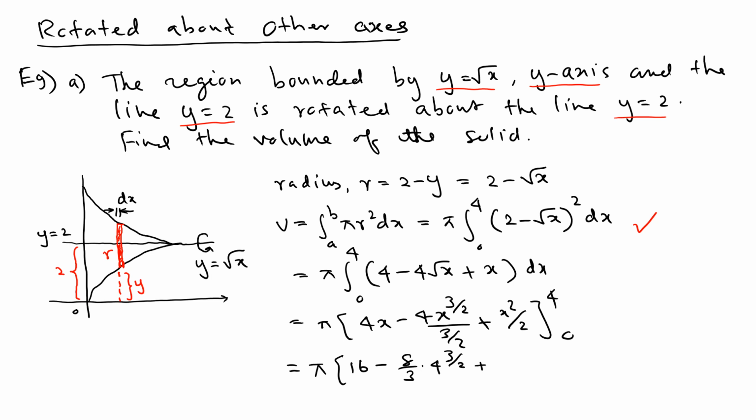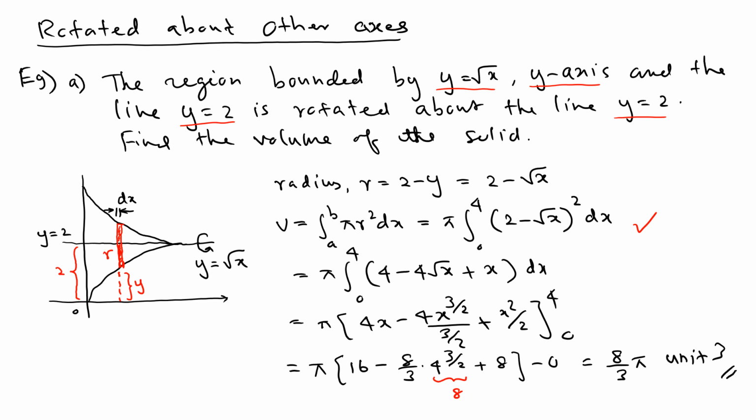Plus, if you plug in 4 into x squared over 2, you get 8, and then minus 0. This is very easy to simplify. So finally you get 8 thirds pi units cubed. That's the final answer.